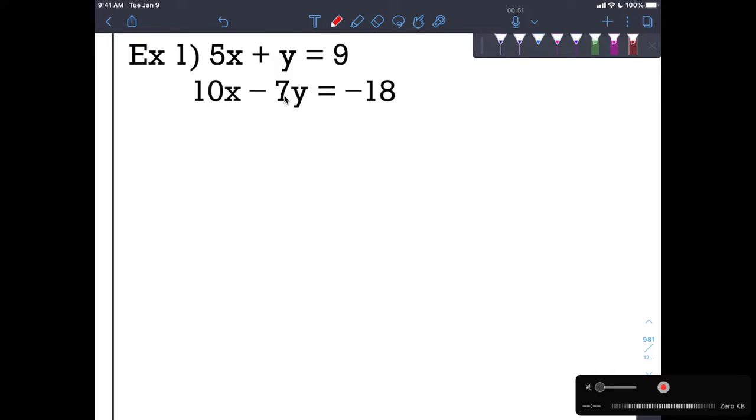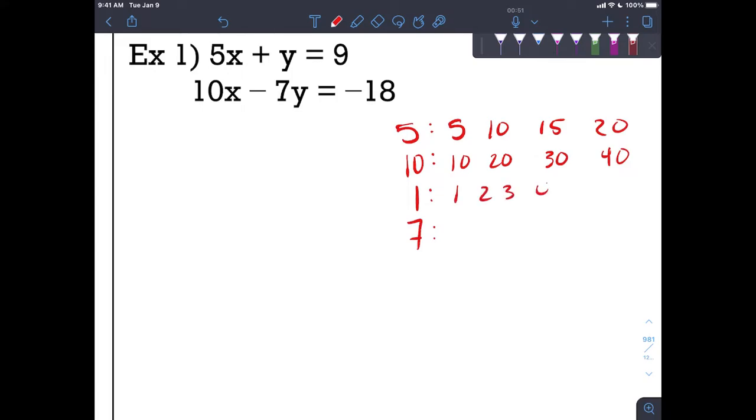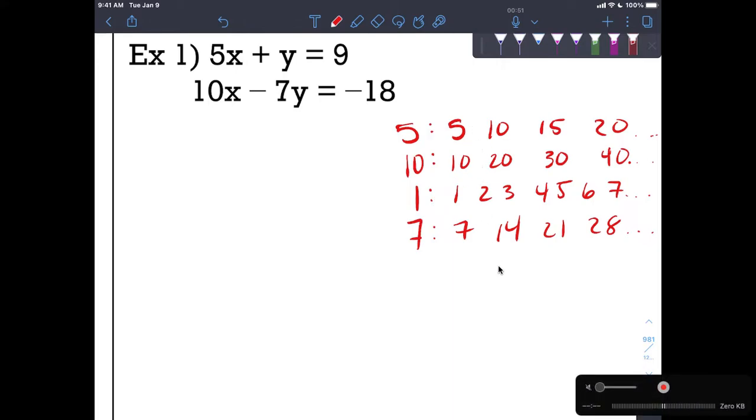So I'm going to write this out the long way just to give you guys a little bit of understanding. But this is essentially the process that you should go through. 5, 10, 15, 20, 10, 20, 30, 40. So we think about all the multiples.